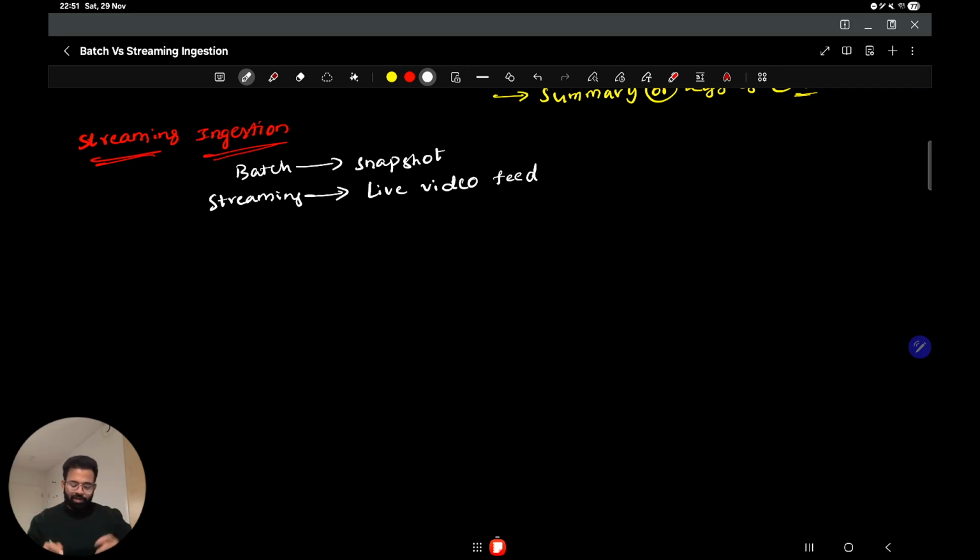So it's basically a live video feed. You can think of streaming as a live video feed where you receive the data in a continuous manner, every second or millisecond or microsecond or nanosecond as well. And when we talk about batch, we are talking about a snapshot.